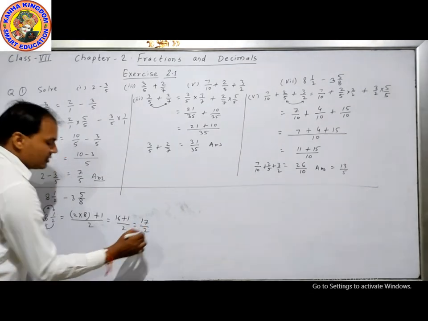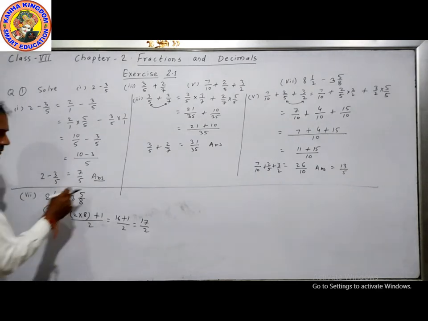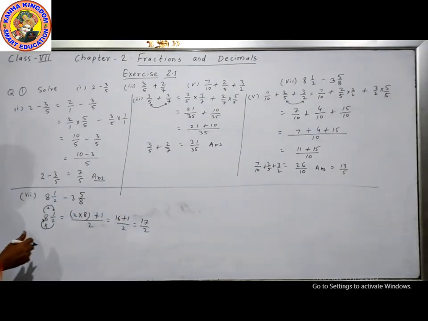This number is 17 upon 2. So 8 1 by 2 is 17 upon 2.